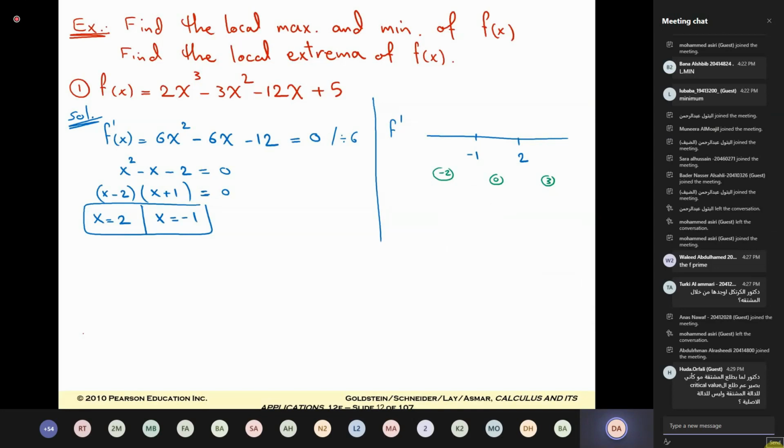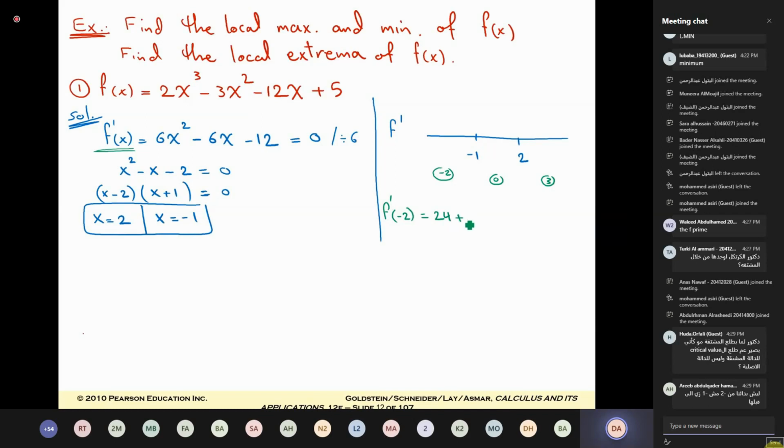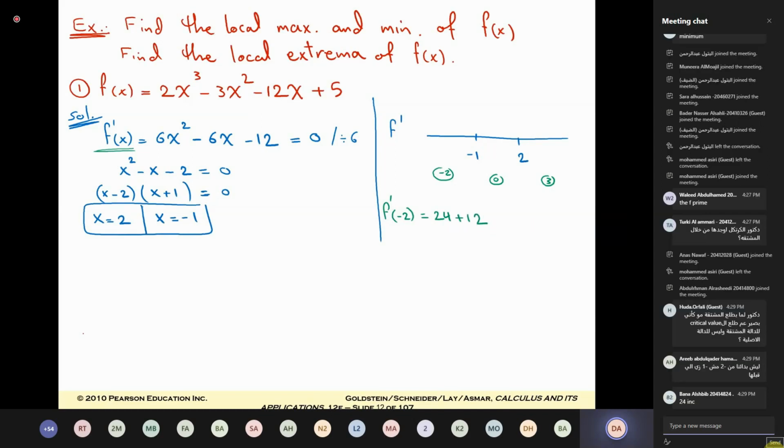Okay. Now, f prime of -2 equal: -2 squared, 4, multiply 6, substitute here. So we have 24, and -2 multiply -6, we have +12, and -12. So we have positive.